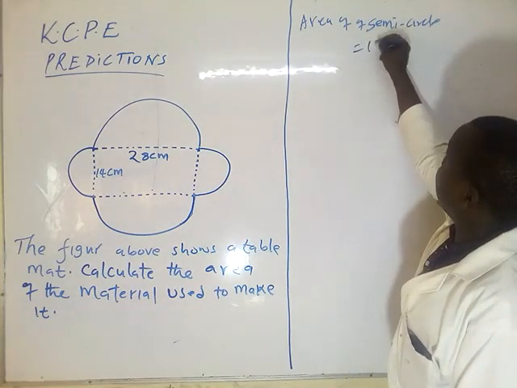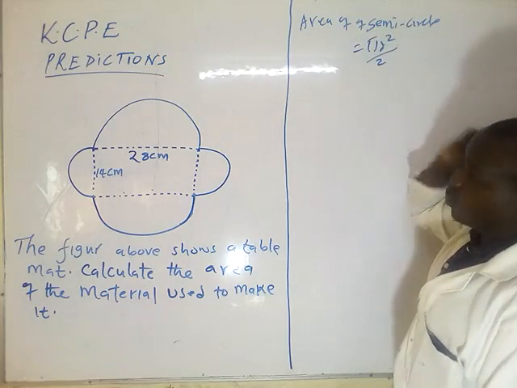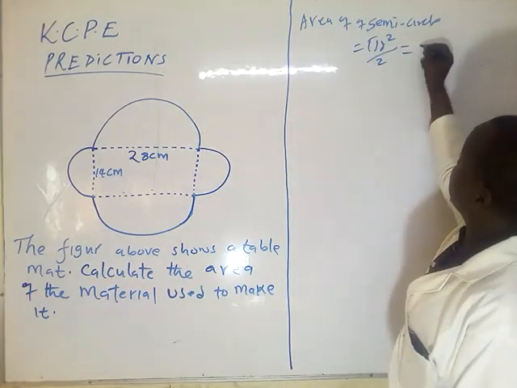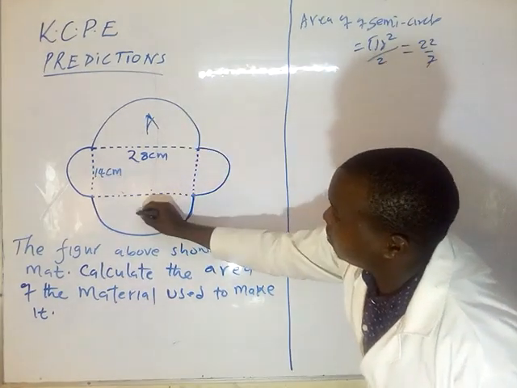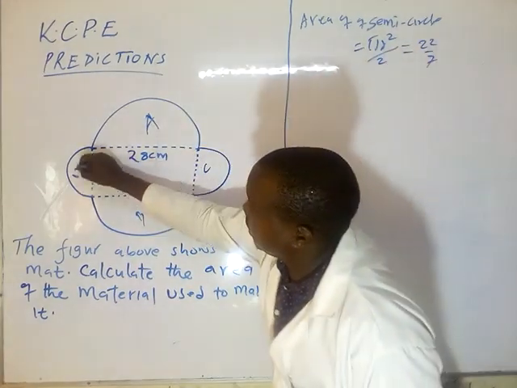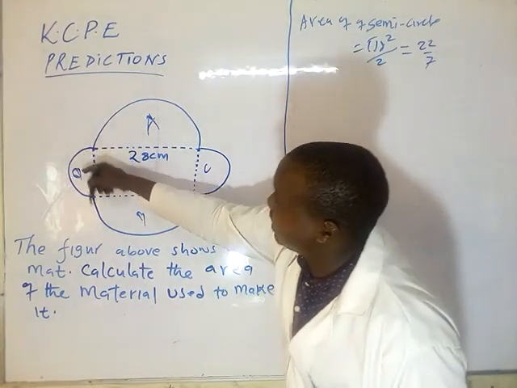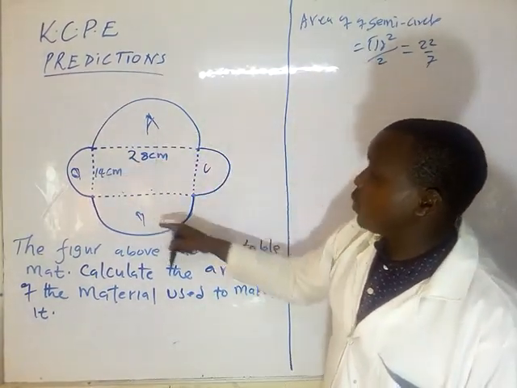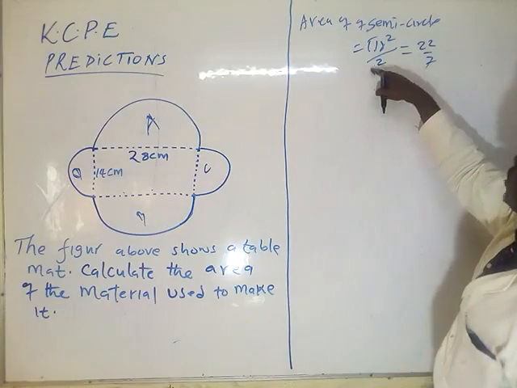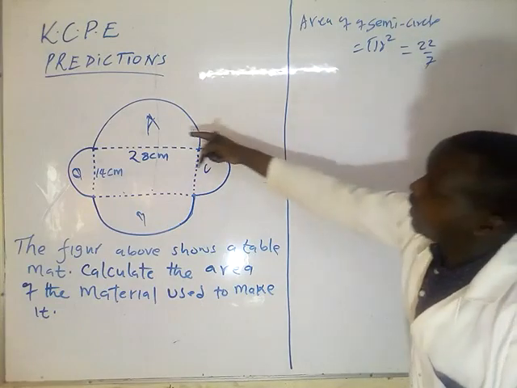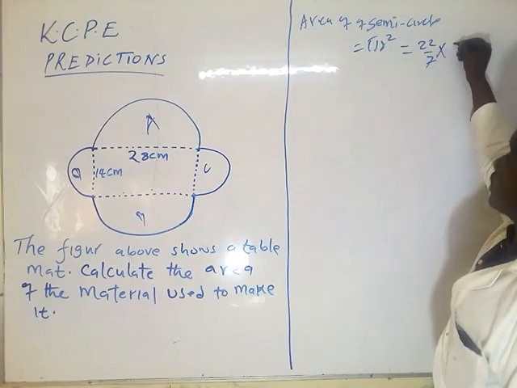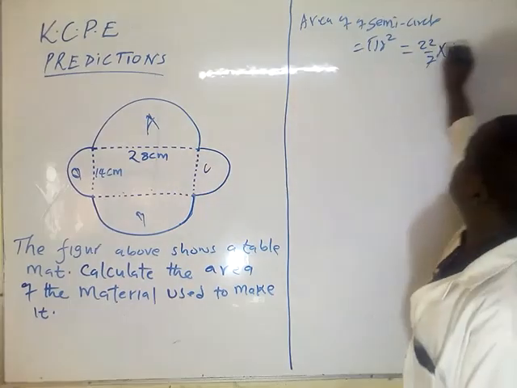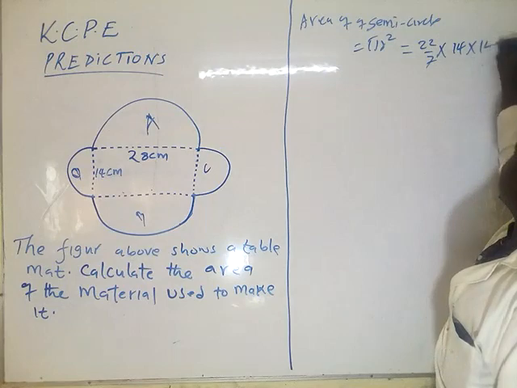Area of a semicircle is given by πr squared divided by 2, where π is 22/7. I want to calculate the area of A and B. Let me call this one A, B, C, and D. So I want to join A and B, which will form a circle. Instead of using a half, it will give me the direct area of A and B, which is equal to 22/7 times the radius here, 14, times 14.